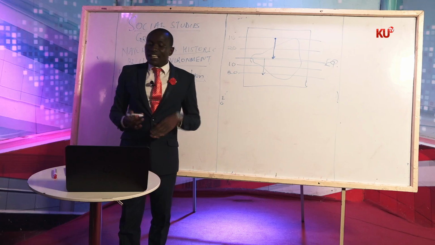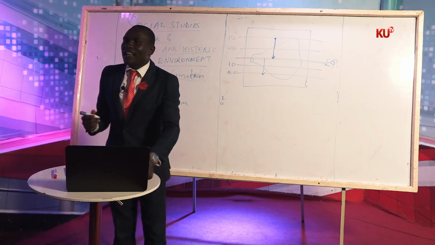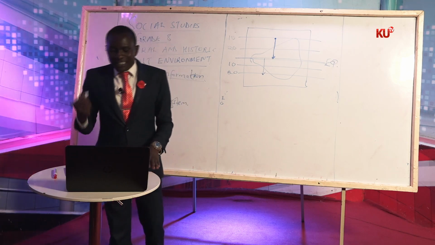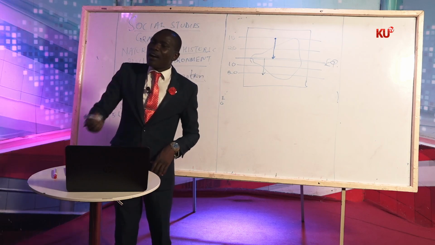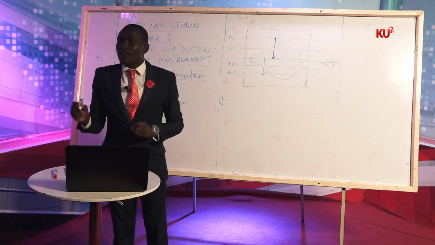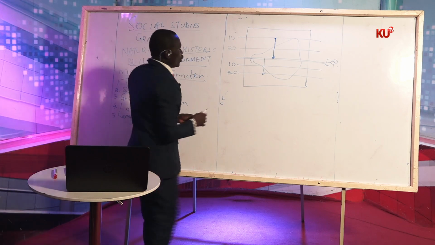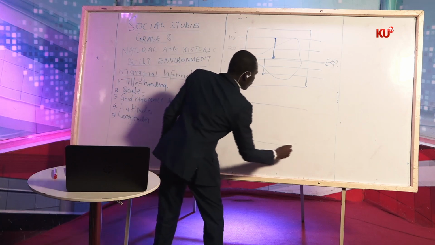Longitudes are vertical imaginary lines drawn on a map showing how far a place is from the east or west of the Greenwich meridian.